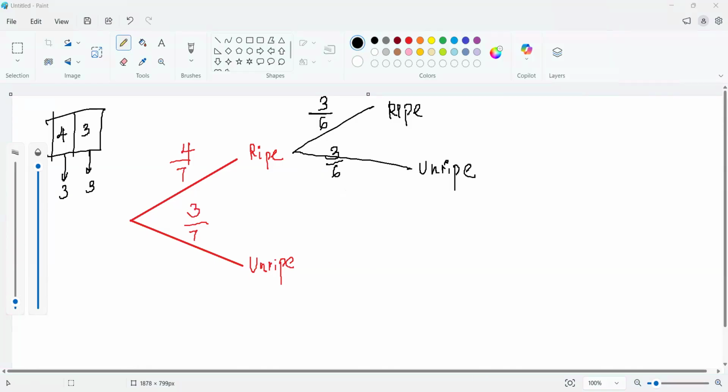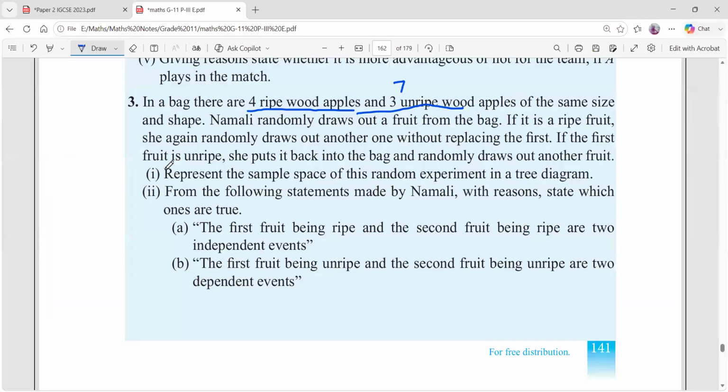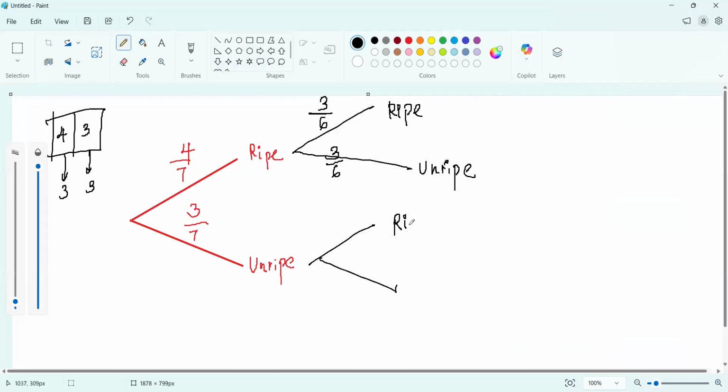Yes. And what is the other experiment? Something different, okay? If the first fruit is unripe, she puts it back into the bag randomly. Put it back. That means again they are having 7. She randomly draws out another fruit. If it is unripe, what happened?